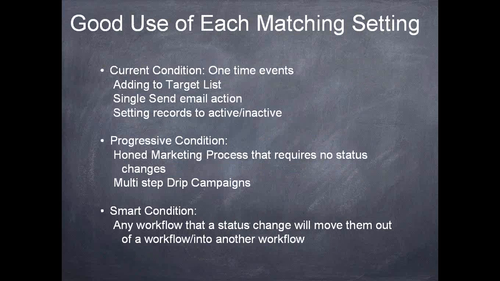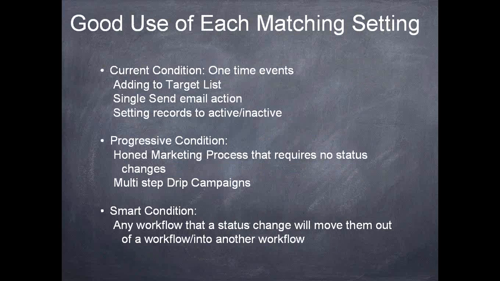If you're looking to do a basic campaign with one condition block, maybe just a simple landing page conversion and then assigning the record and alerting the agent. Some other examples you can use are just simply adding a record to a target list based on the data you'd like to leverage, or maybe a single send email action. Or a great use case of the current condition is setting records to active or inactive based upon the data that you'd like to leverage.